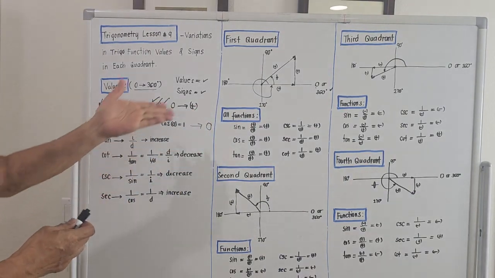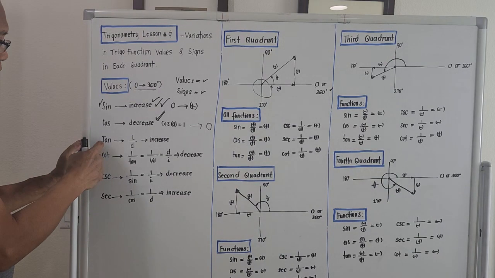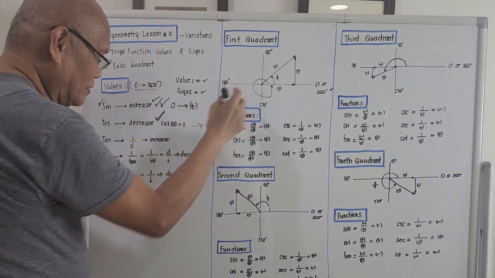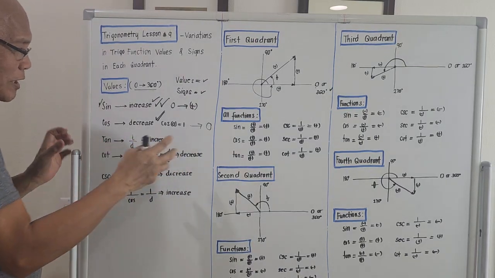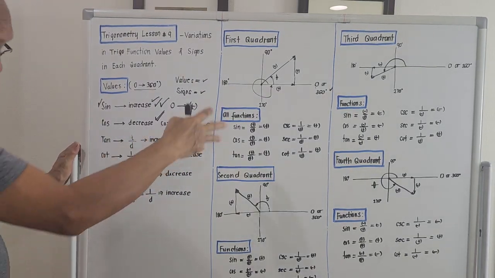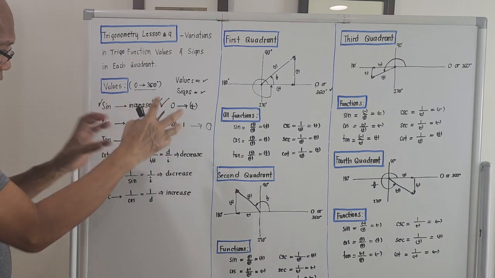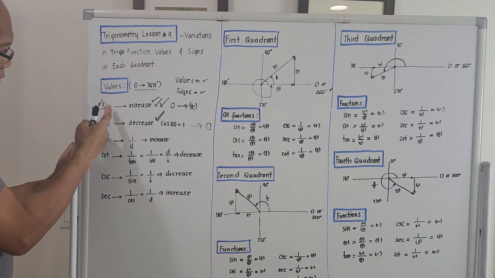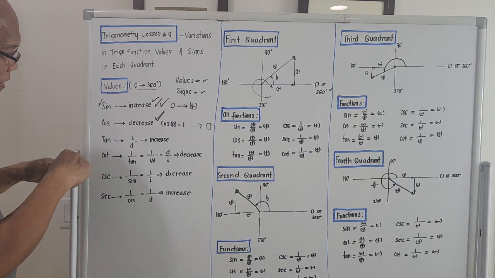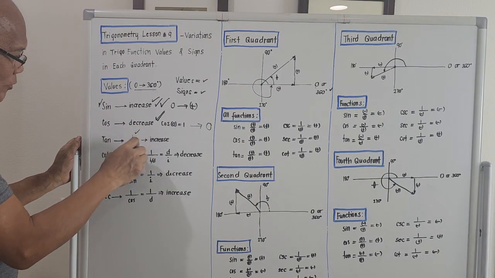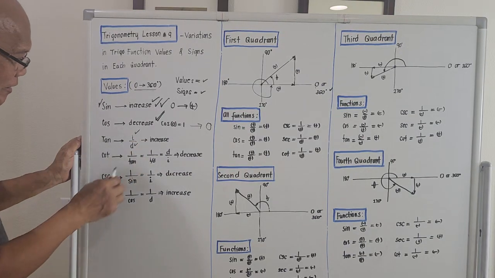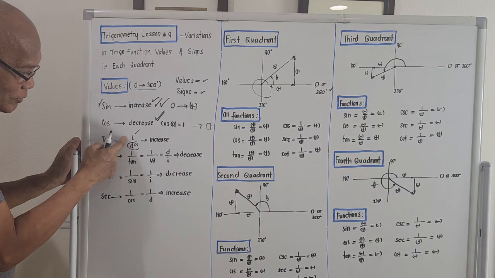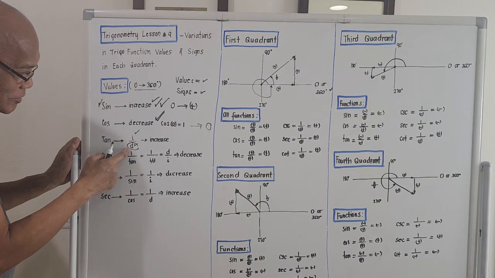Okay, how about the tangent function? For the tangent function, you don't have to look at the given figure. We are still on the value. What is tangent? Tangent is actually sine over cosine, right? So an increasing value over a decreasing value.